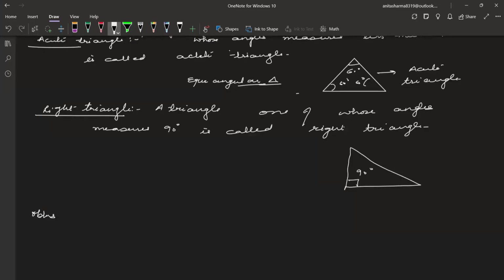Please note it down fast, children. Ma'am, this right angle triangle has some property called the Pythagoras theorem. Done now.